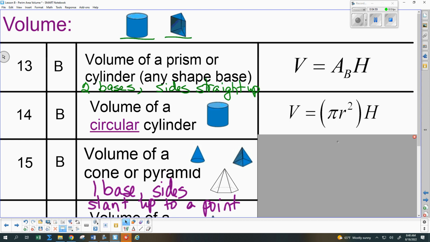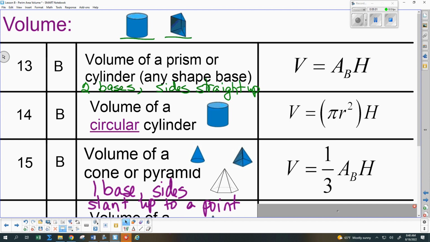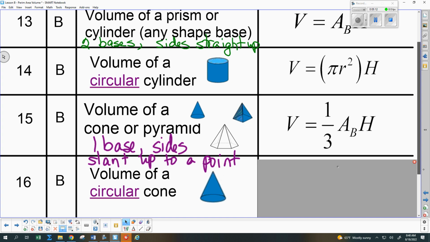So we want to memorize this formula, that if the sides slant to a point, the volume is 1/3 area of the base times the height. We're going to do the same thing that we did before. We're going to say, oh, what shape is the base? What does that AB need to be in this formula?